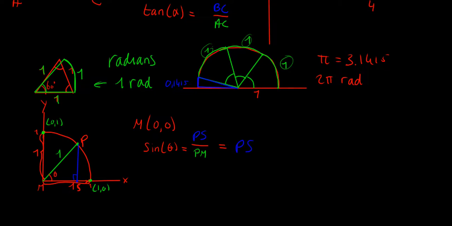And in the same way, if you look at the cosine of theta, it is the adjacent side, namely MS, divided by the hypotenuse, which is in our case PM.